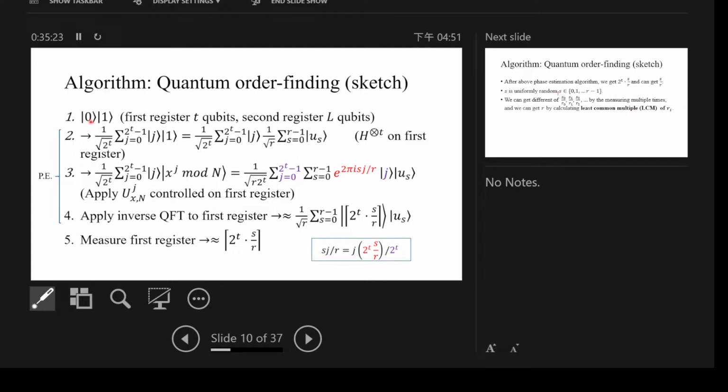So we calculate the details when you do phase estimation on |0,1>. Phase estimation has three steps. You do Hadamard to the t on the first register, then you apply your controlled unitary. Control on first register j, you do the controlled unitary, and you get this phase here.